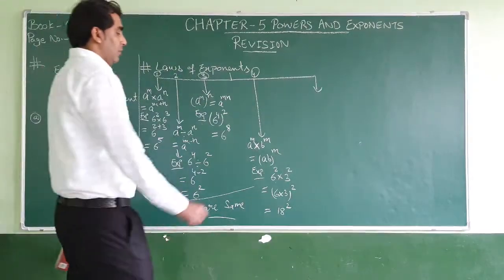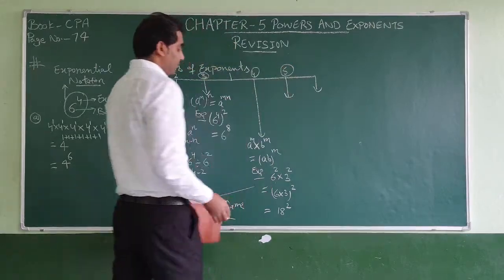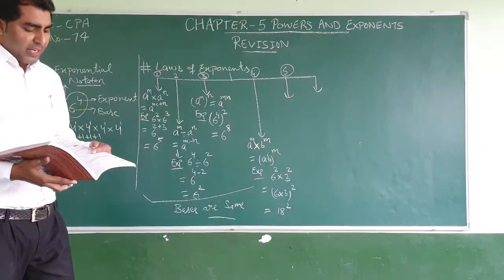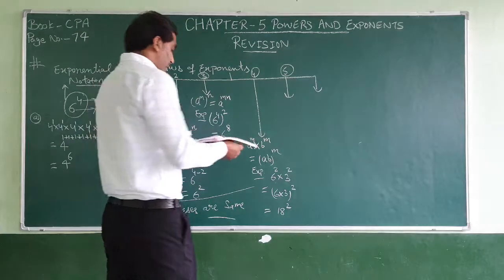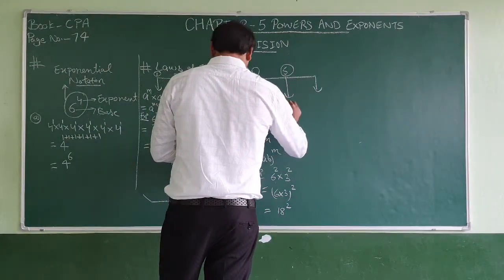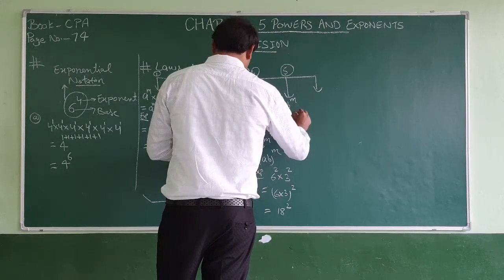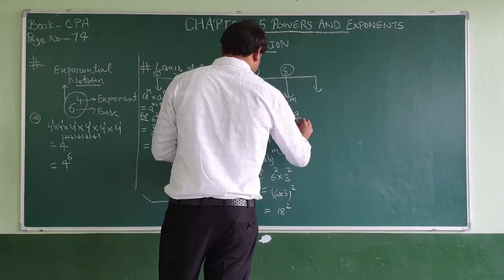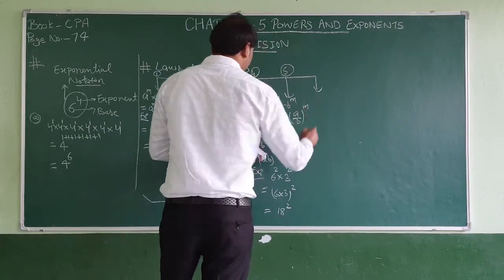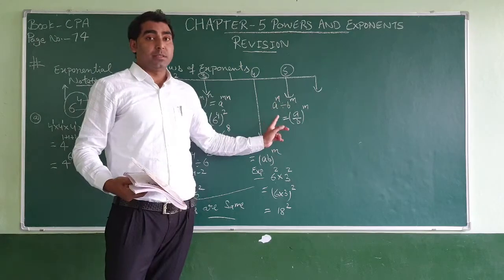Now the fifth one is dividing numbers with the same exponents, not bases.